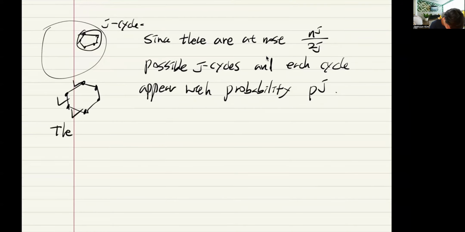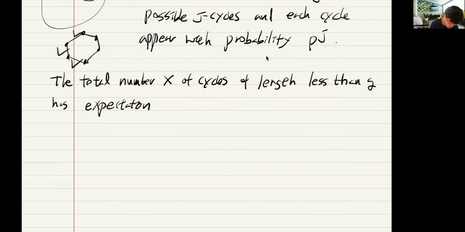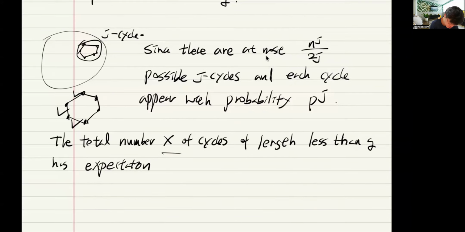So let X be the total number of cycles of length less than g. We can compute this expectation as a summation of indicator random variables over all these choices.